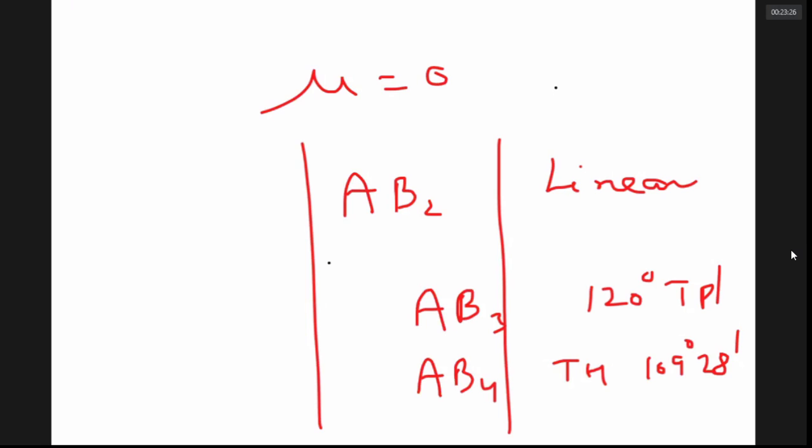In old units, 4.8 into 10 to the power minus 18 ESU cm. In modern units, 1.6 into 10 to the power minus 29 coulomb meter. 10 to the power minus 18 ESU cm was called a debye. It is a unit of dipole moment.